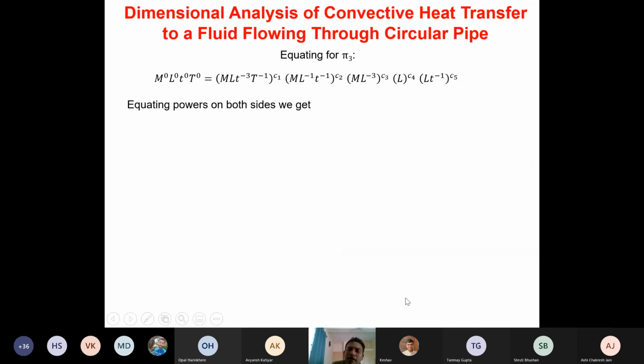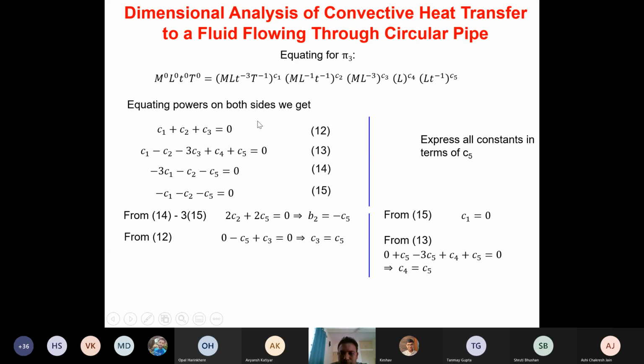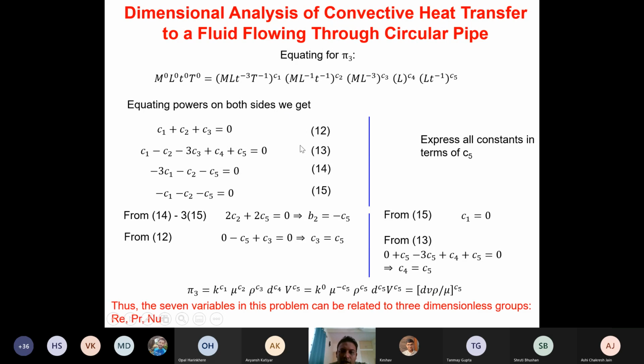And in a similar manner, for the third expression for pi3 also we can equate all the dimensions, and we can obtain the dimensionless group here. So here also we can equate the individual dimensions. For mass we have C1 plus C2 plus C3 equals 0. That is equation number 12. Similarly for length we get equation number 13, for time equation number 14, and for temperature equation number 15.